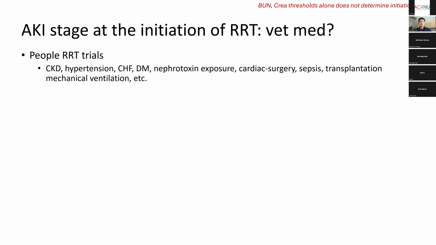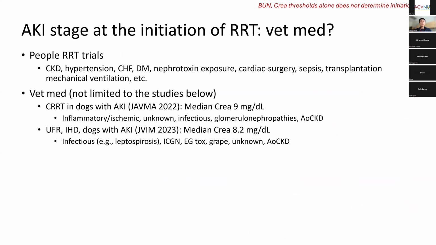But the cohort of the human trials has patients with chronic kidney disease, hypertension, heart failure, nephrotoxin exposures like contrast and some antibiotics, patients who undergo cardiac surgery, sepsis, transplantations, and patients who are ventilated.